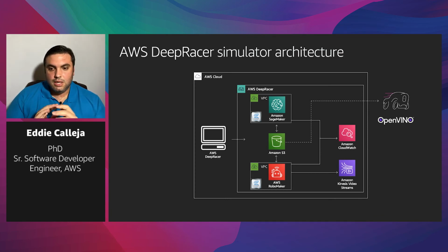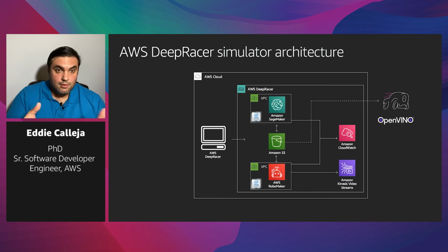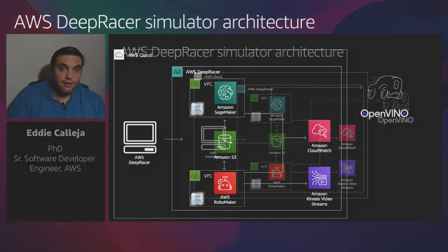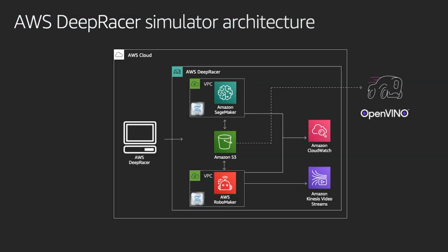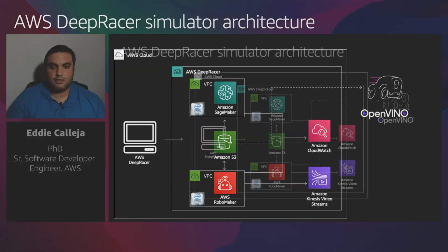And then we stream all the data from the virtual environment and from the training algorithm out to CloudWatch, so you can see what's going on. And we also use Amazon Kinesis Video because here, you want to take a look at what your model is doing. Is it learning to drive? So that's going to be the video that you see there. That runs completely on KVS when you go to the AWS DeepRacer console.